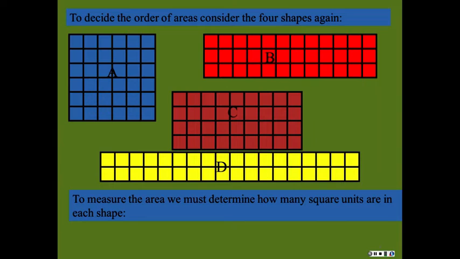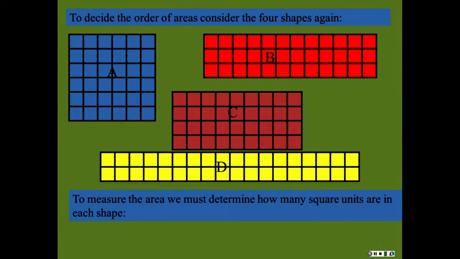36. Then on C you said we had 1, 2, 3, 4, 5, 6, 7, 8, 9. What's 9? And there's 4 rows. So 9 times 4 is what? 36. And then on A we have 1, 2, 3, 4, 5, 6 across and 6 down. What's 6 times 6? 36.